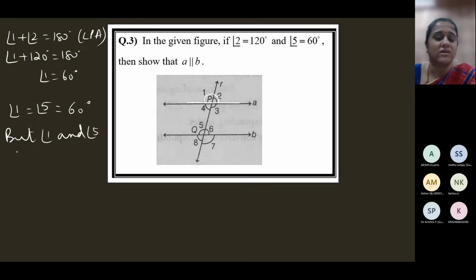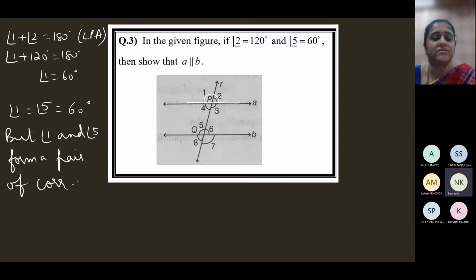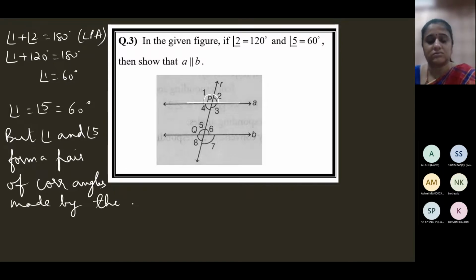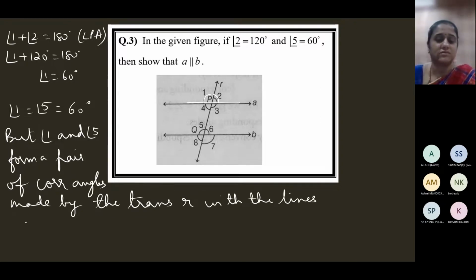They form a pair of corresponding angles made by the transversal R with the lines A and B, and are equal.